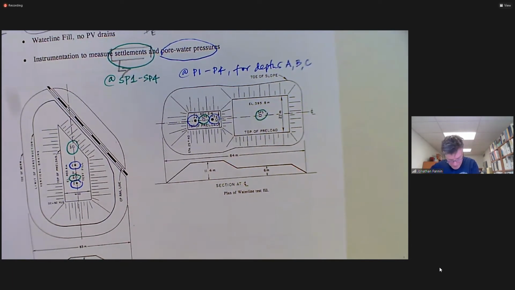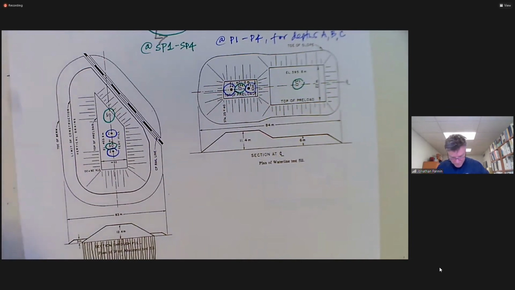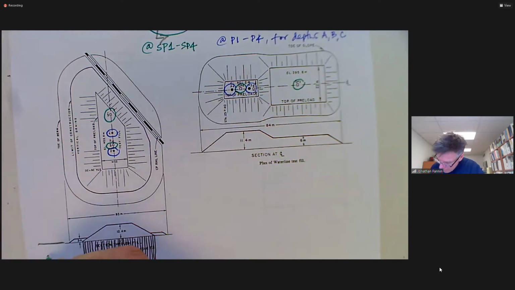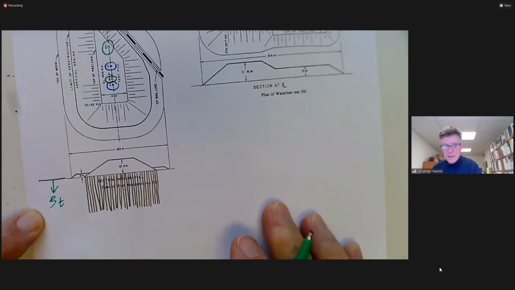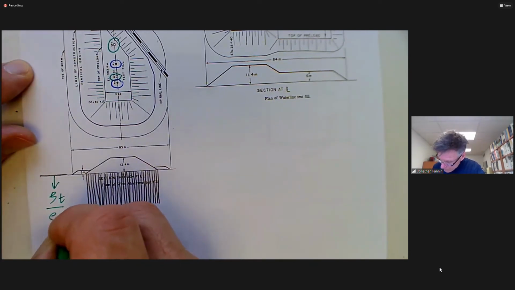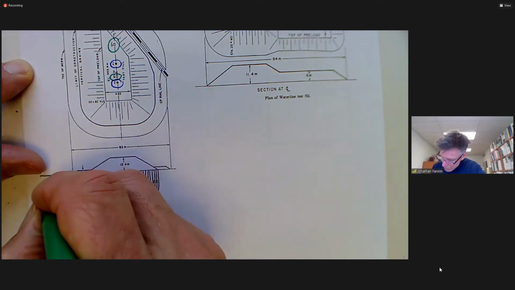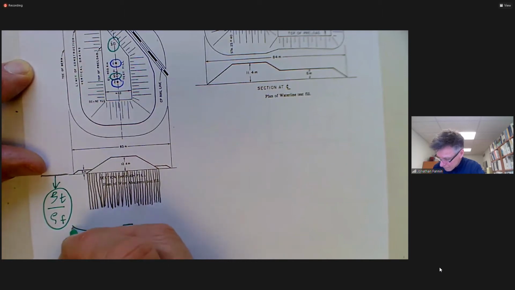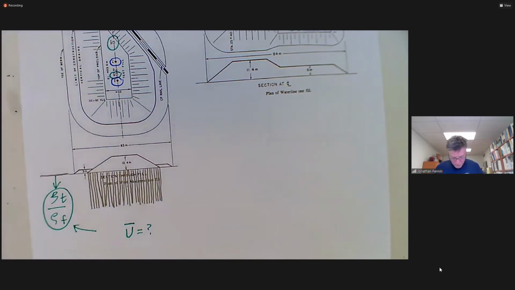So we're interested in settlement, and the measure of the settlement at any time t over the final settlement is going to give us a measure of the degree of consolidation. Or we could get it from the dissipation of the excess pore water pressure.